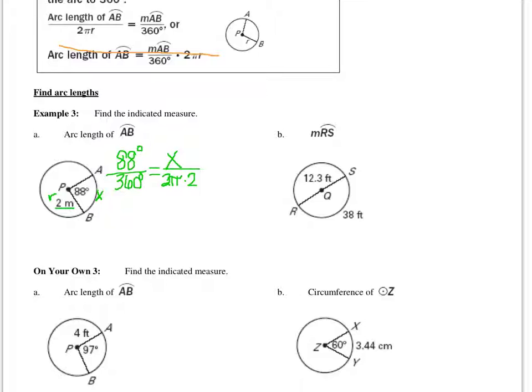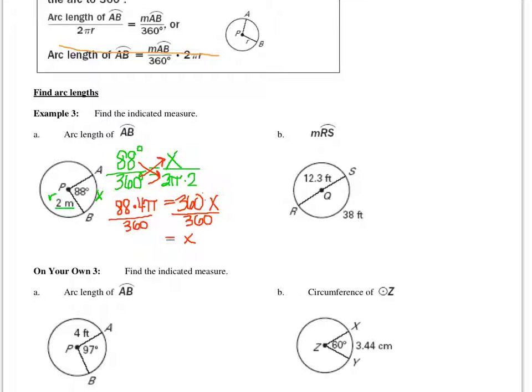So now I can cross multiply since I have a proportion set up. I have 88 times, well, 2 times 2 is really 4 pi, equals, cross multiply here, 360 times x. And to get that x alone, I would divide both sides by 360.